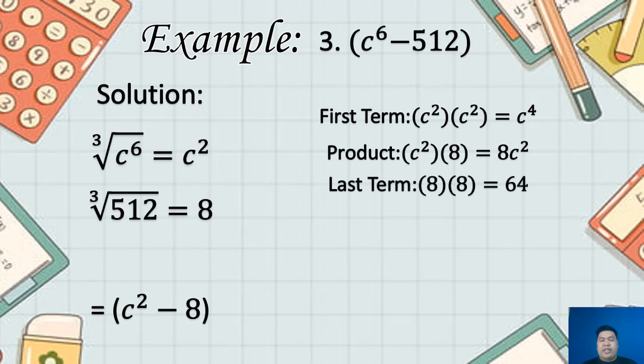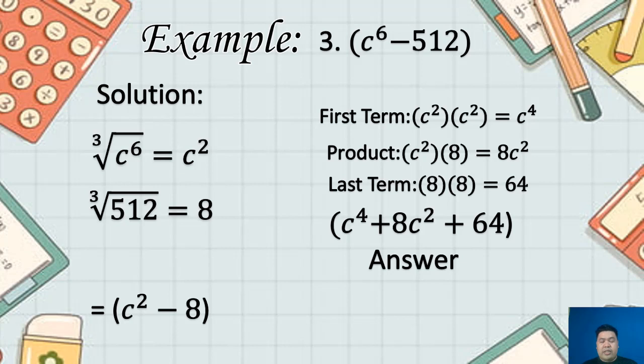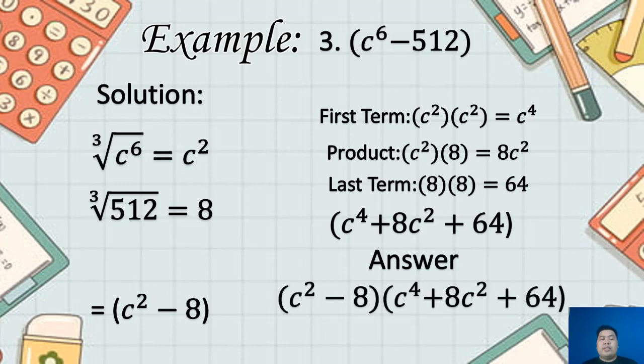So our trinomial here is c raised to 4 plus 8c squared plus 64. For our final answer, just combine the binomial and trinomial: c squared minus 8 multiplied by c raised to 4 plus 8c squared plus 64.